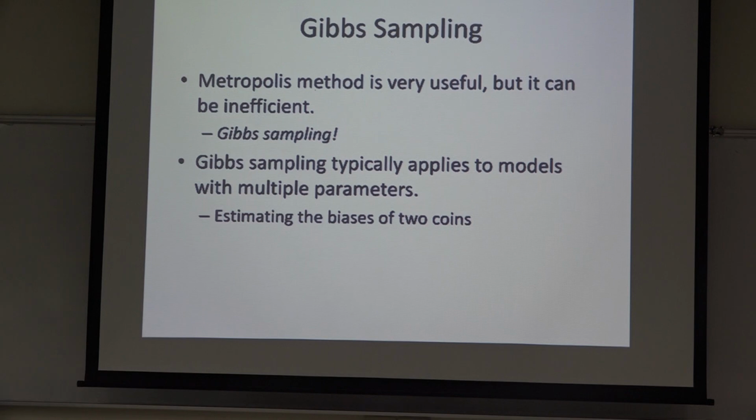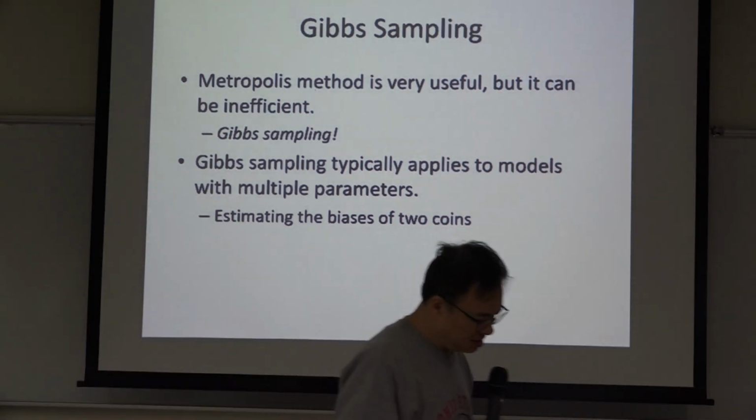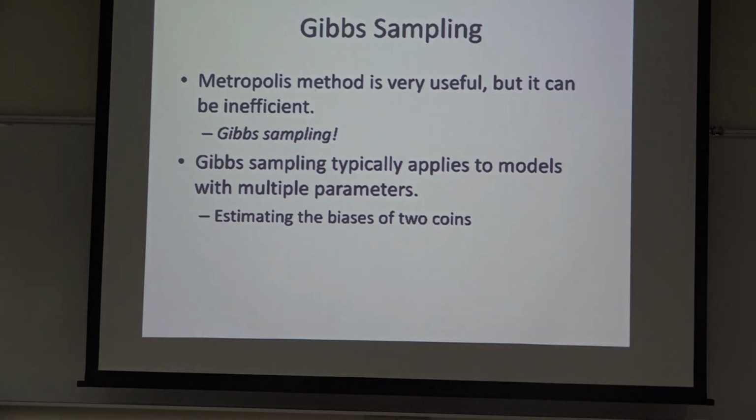So what do we do? One possible method we can use is called Gibbs sampling. Gibbs sampling, of course, is also an MCMC method, but it has a stronger assumption. I will get to that later, and it typically applies to models with multiple parameters.